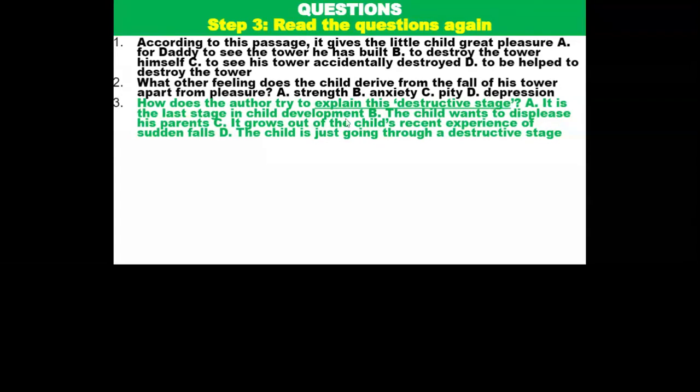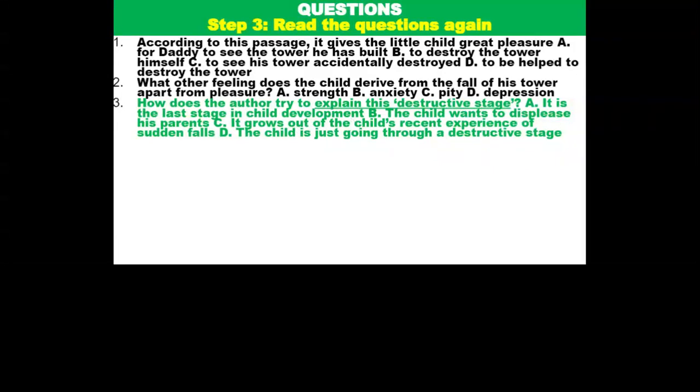So look at question number 3. How does the author try to explain the destructive stage? So the underlying keywords here are explain this destructive stage. And then let's go through the options A, B, C, D. A, it is the last stage in child development.